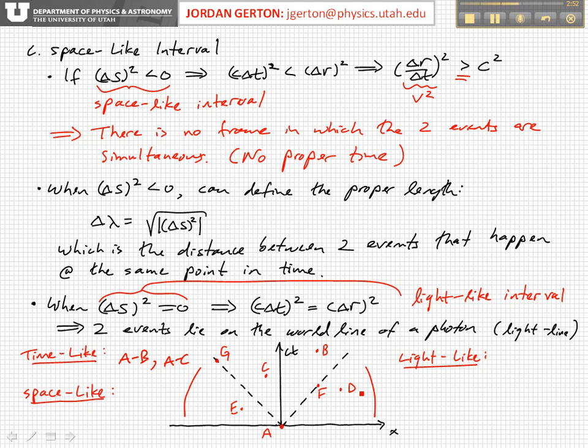So interval AD would be a space-like interval. That means there's no proper time, as we discussed. There's no proper time for the interval AD. So A and D in no reference frame would happen at the same point in space. So AD is a space-like interval, and so is AE. And there are others if you draw light cones with respect to each of these individual events.